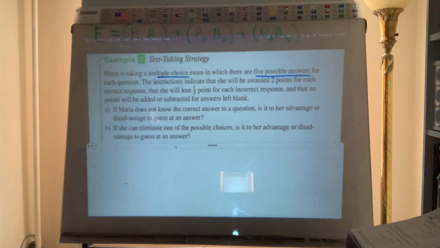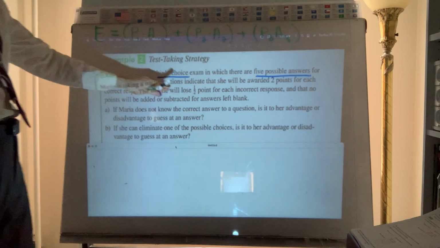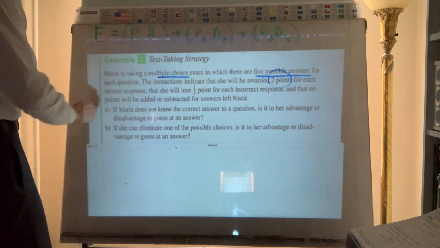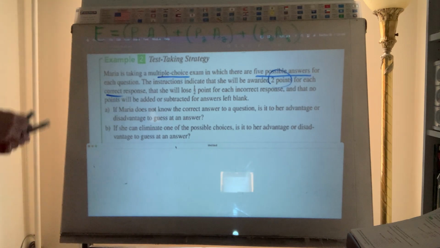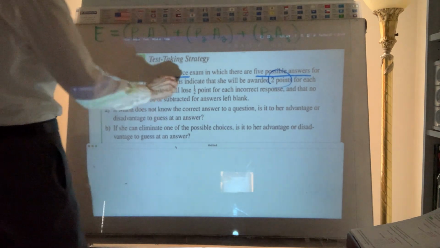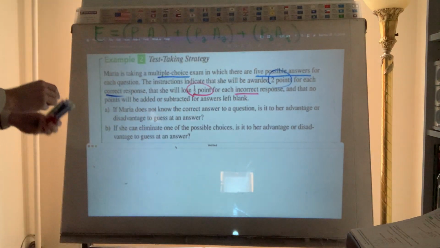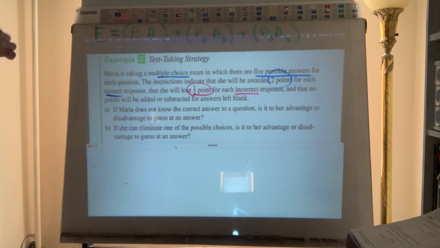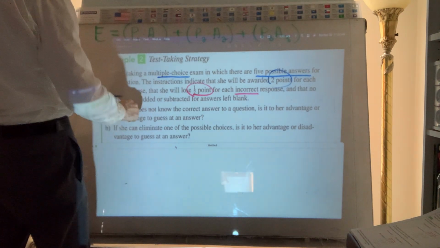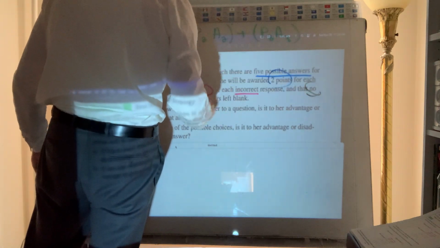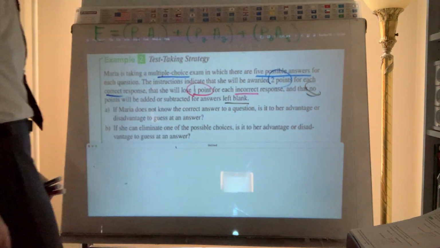The instructions indicate that she'll be awarded 2 points for each correct answer, and she'll lose a half a point for each incorrect answer, and that no points would naturally be added or subtracted for answers left blank. So no points, 0, for those left blank.